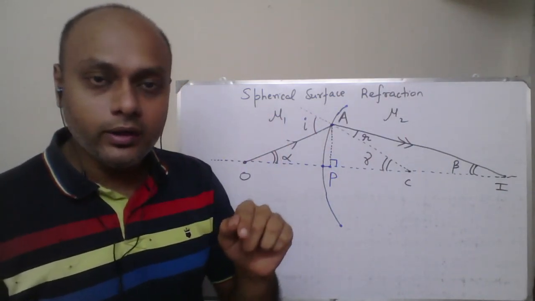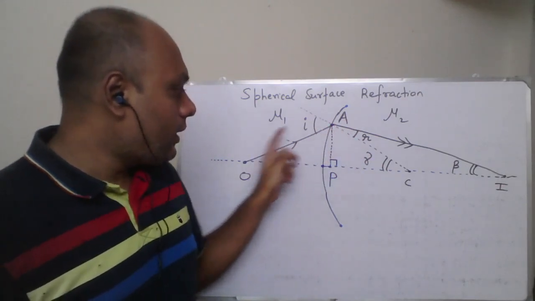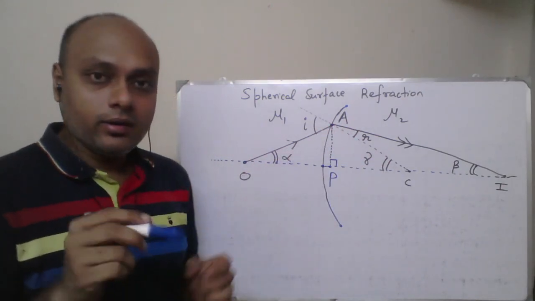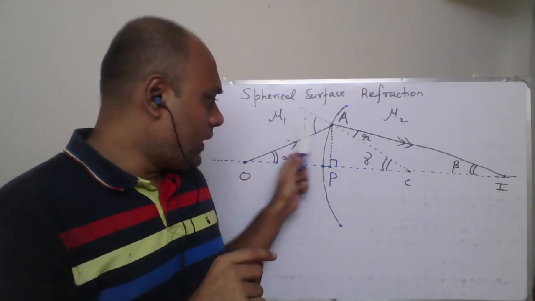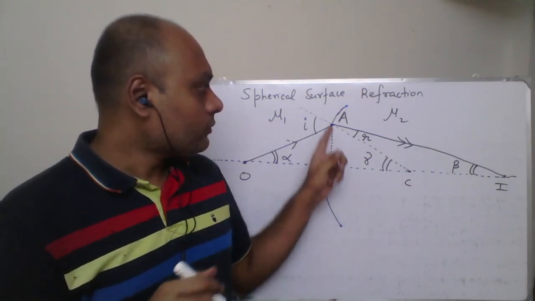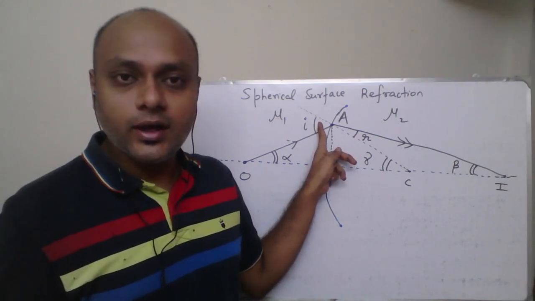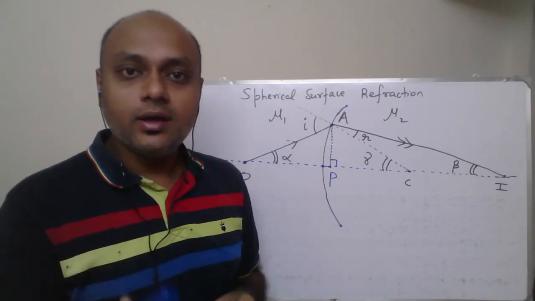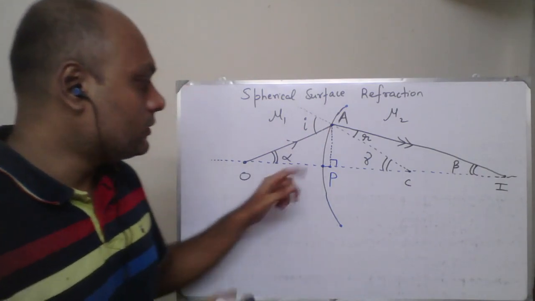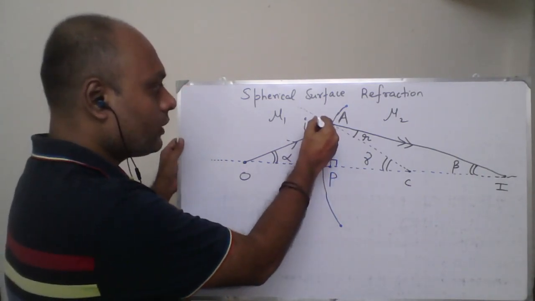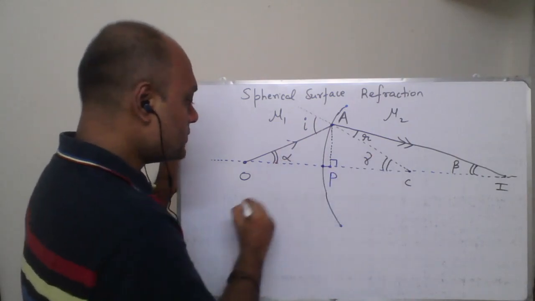So this you have to write in triangle AOC. I am not writing it here, but you make note of it. In triangle AOC, angle I is exterior angle, and exterior angle will be equal to sum of interior opposite angles. Hence, what I am going to write is I will be equal to alpha plus gamma.